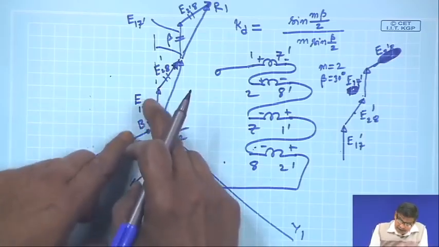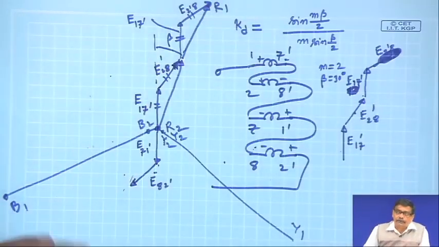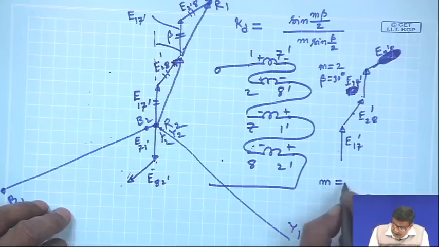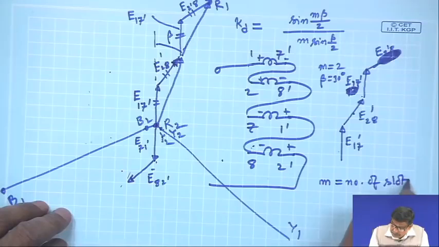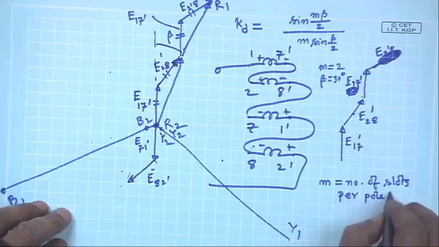Of course, you can take m equal to 4, then 2, that 2 cancels out. So, to calculate the distribution factor, that m should be number of slots per pole per phase.